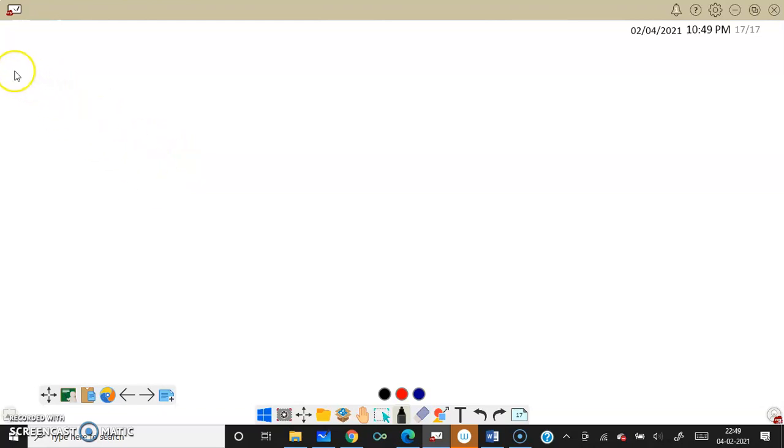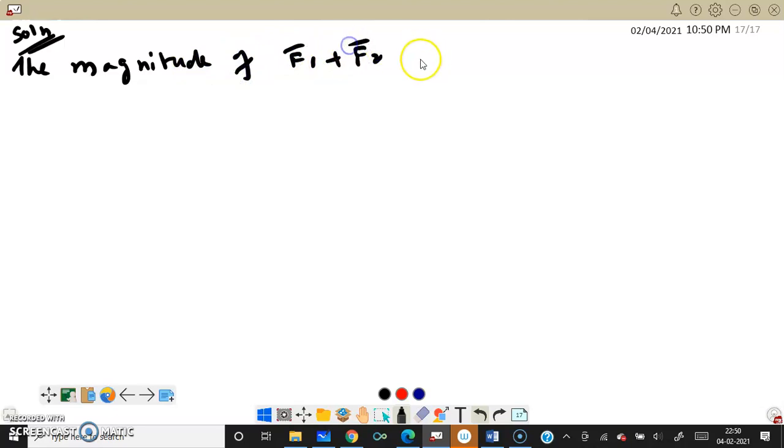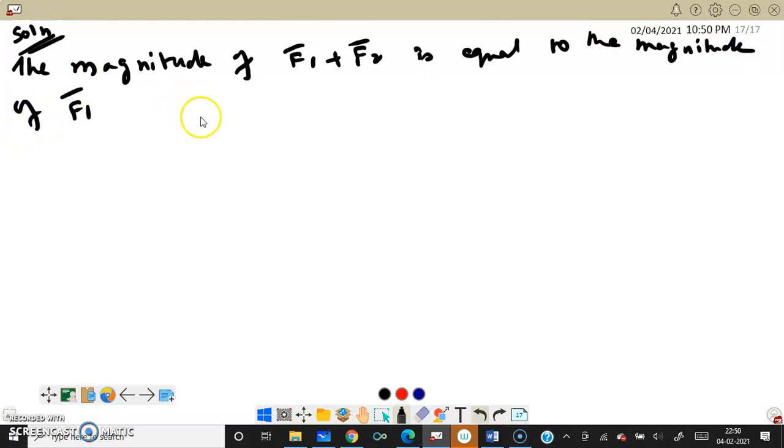Whatever is given, we'll write it in the solution. The magnitude of F1 plus F2 is equal to the magnitude of F1. This is given.